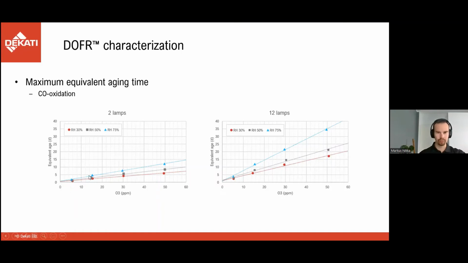So with 2 lamps active, we can reach equivalent aging times from 1 to 2 days up to 1 week. If we use all 12 lamps, and high ozone concentration and high humidity, we can achieve even 1 month of equivalent aging time.